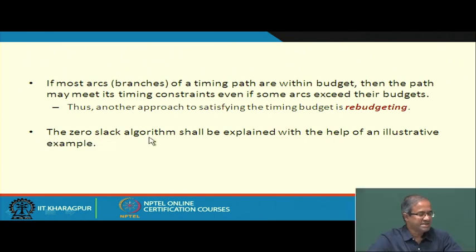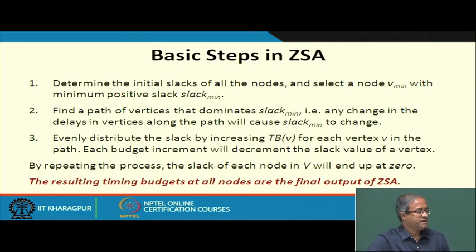So, we shall be explaining the zero slack algorithm with the help of an example. Let us see. First, the basic steps. You have to clearly understand the steps, because otherwise it will be difficult for you to follow.